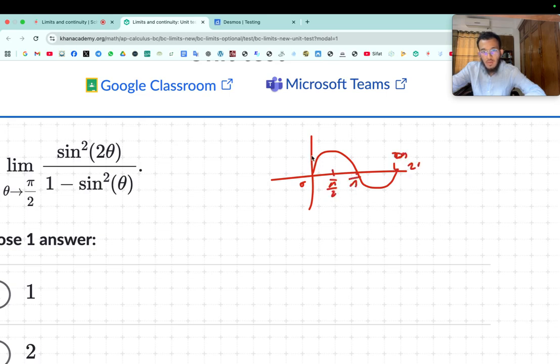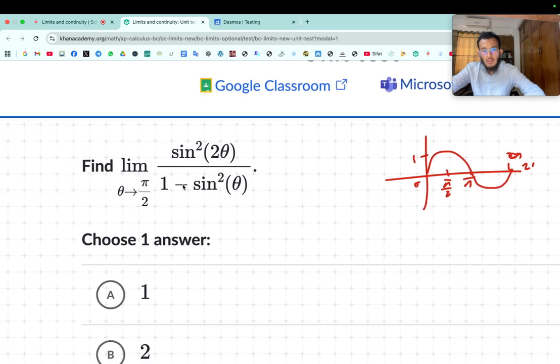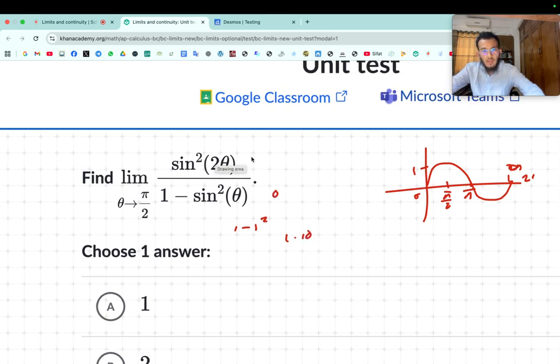For pi by 2, you have a value of 1. So 1 minus 1 squared is 0. And 2 times pi by 2 is just pi, and sine pi gives us 0, 0 squared is 0, and 0 divided by 0 is the problem.